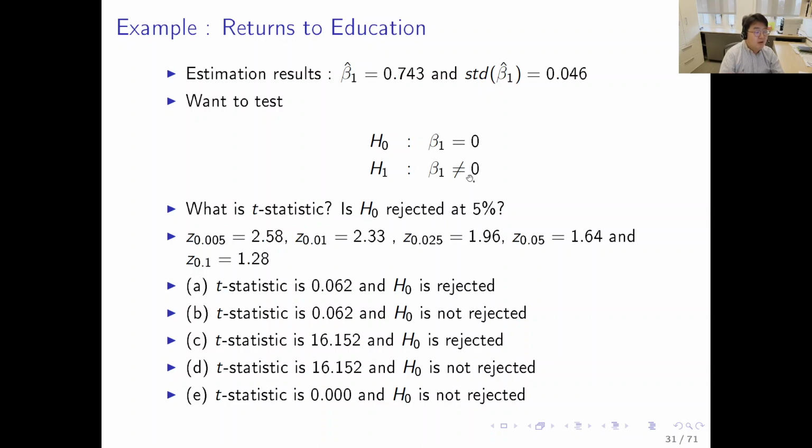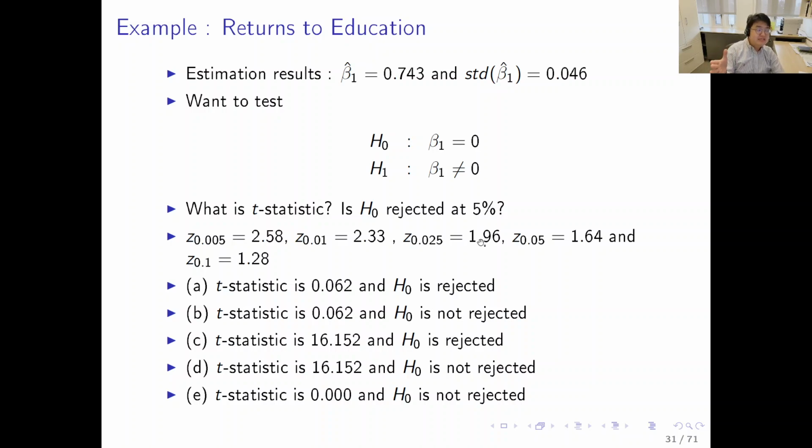Then what is the threshold for the decision? That is 1.96 again. Because we are using the 5% significance level, you use the standard normal distribution to find the threshold with outside probability of 5%, that is 1.96.